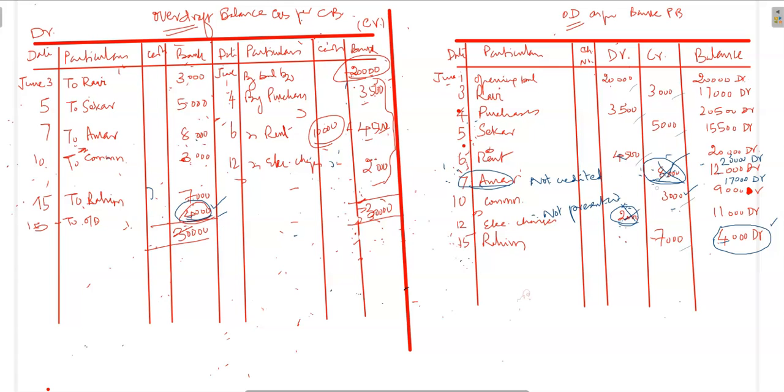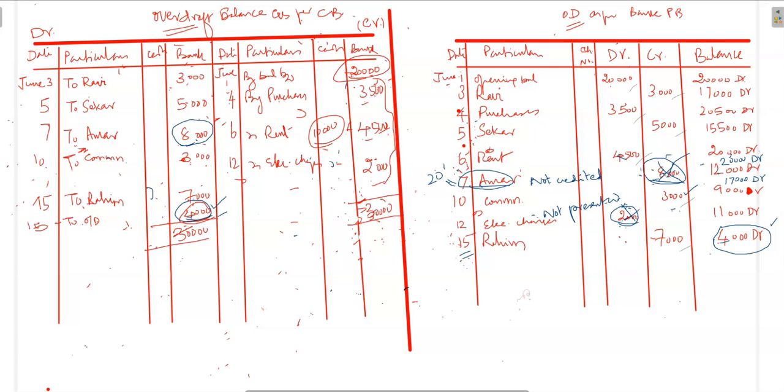But in reality, some of the checks may not be collected or deposited. Let us assume in transaction number 7, the check received from Amar shown as deposited on 7th. But let us assume this check was credited on 20th. But we are closing BRS on 15th.